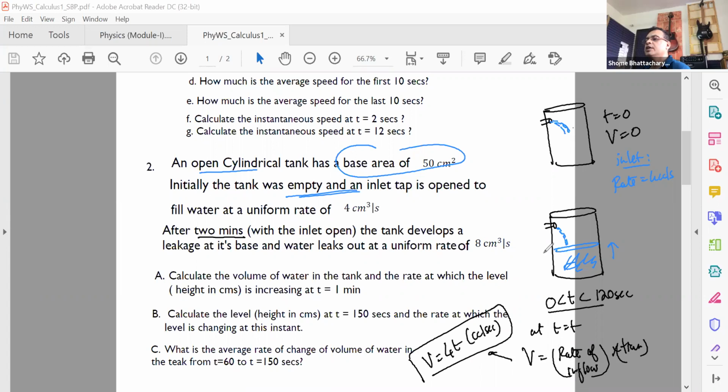And from that we can also express the height because we know the area. So volume versus time and also height versus time, they'll be both increasing like this.